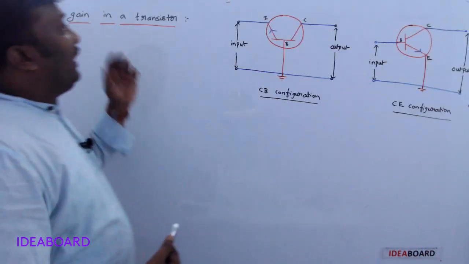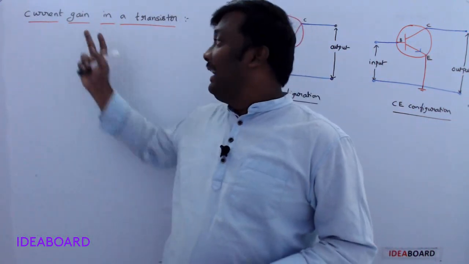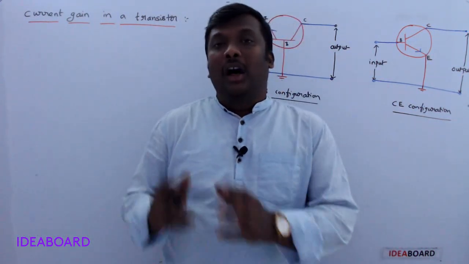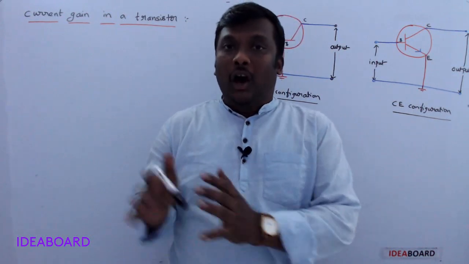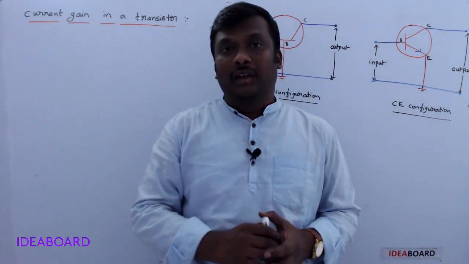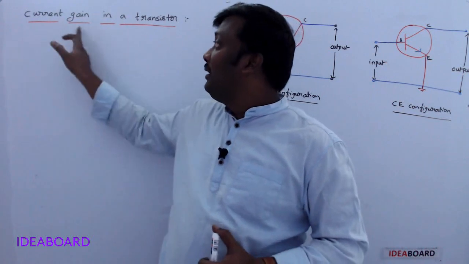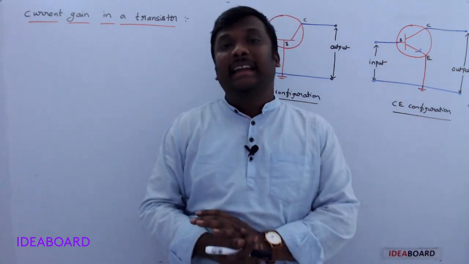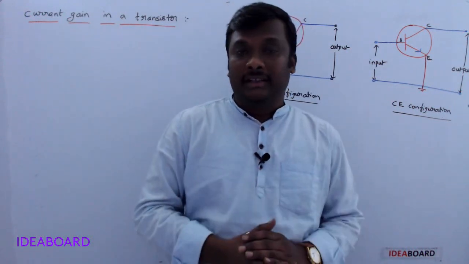Now current gain in a transistor. Gain is nothing but output value versus input value. How much input you give and how much output you get, that is indicated by the gain. Here the word current gain means output current to the input current.